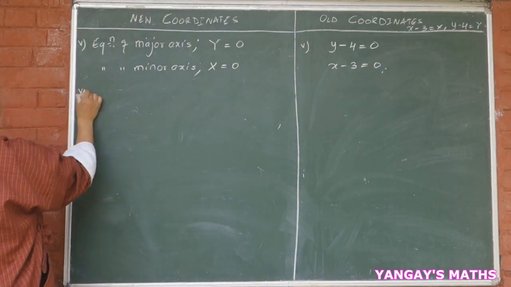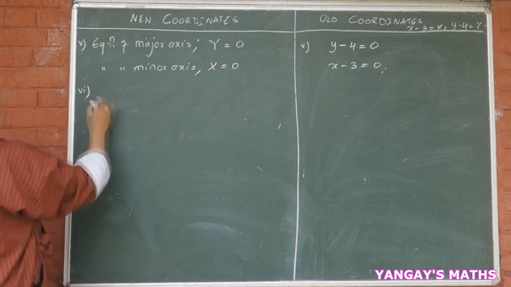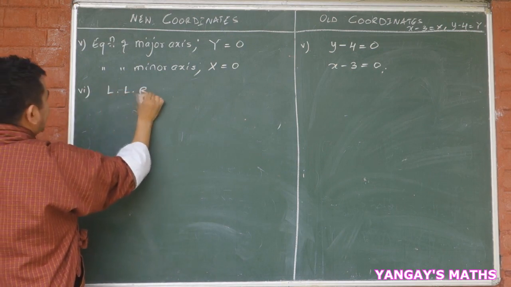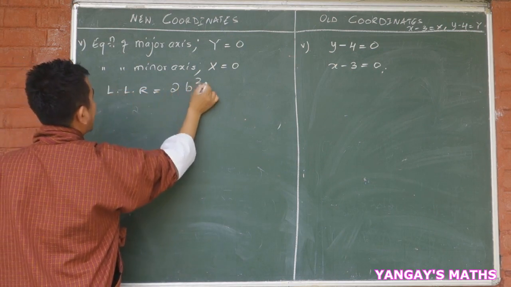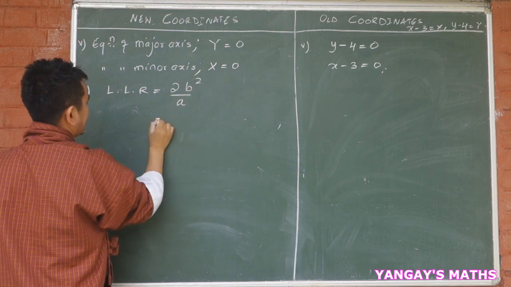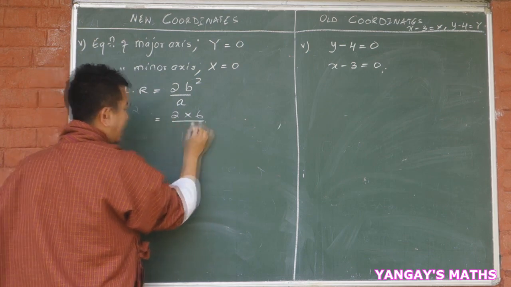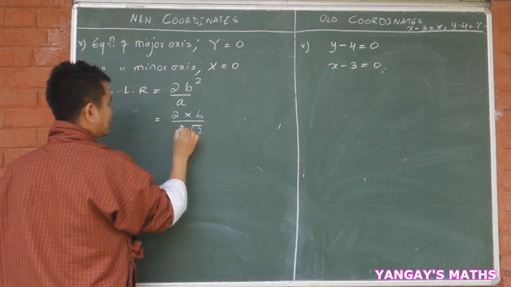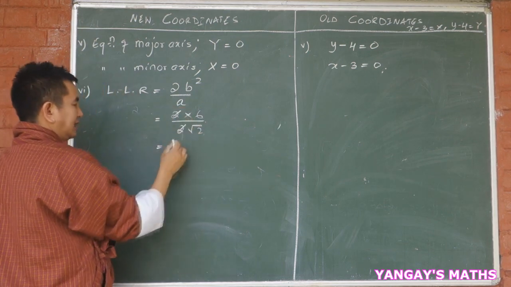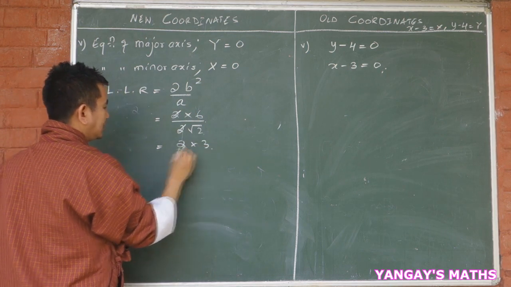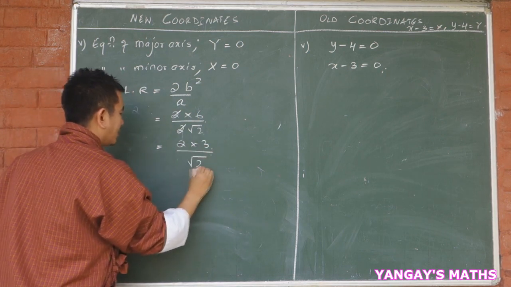Number 6, we need the length of latus rectum. What's the length of latus rectum? It is given by 2b square by a. That means 2 times b square value is 6 and a value is 2 root 2. 2 will get cancelled. 6 means I can write 2 times 3 divided by root 2.